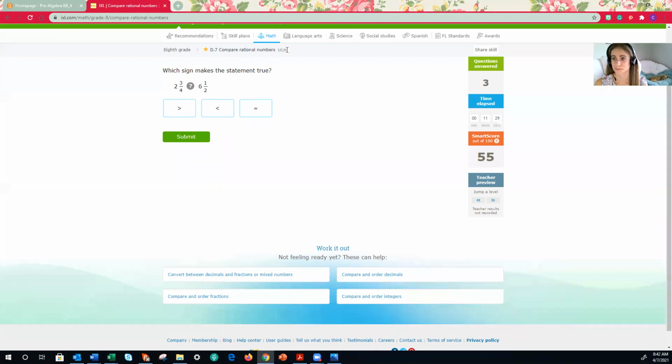All right. We have 2 3/4. And we're comparing that to 6 1/2. Just like before, I need my fractions to have like denominators. There's 2 different ways you could do this problem. One way is you could convert them into improper fractions.